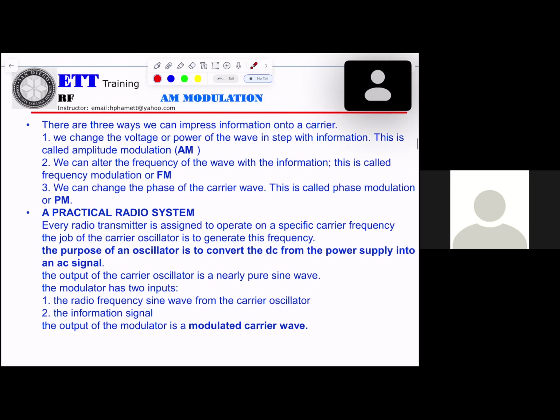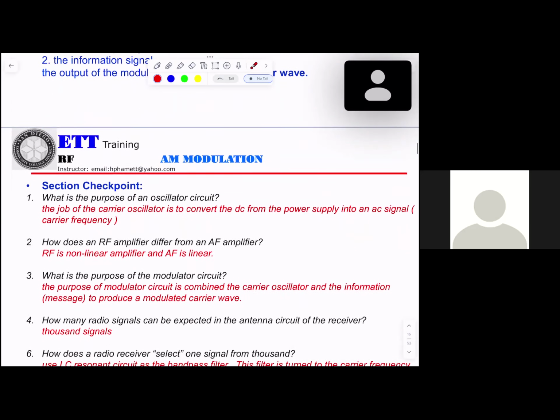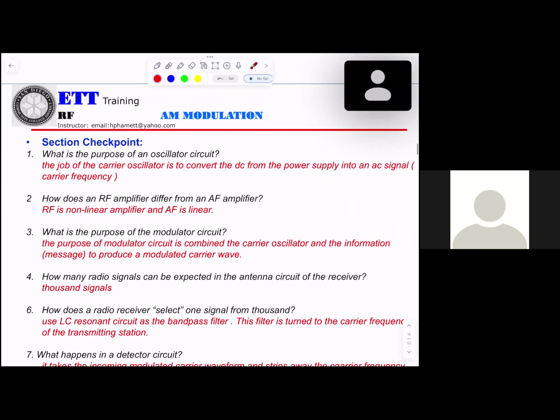That's just a basic definition for you. And here, this is basically just a check. For example, what is the purpose of the oscillator? Basically, they say the job of the carrier oscillator is to convert the DC from the power supply into an AC carrier frequency.